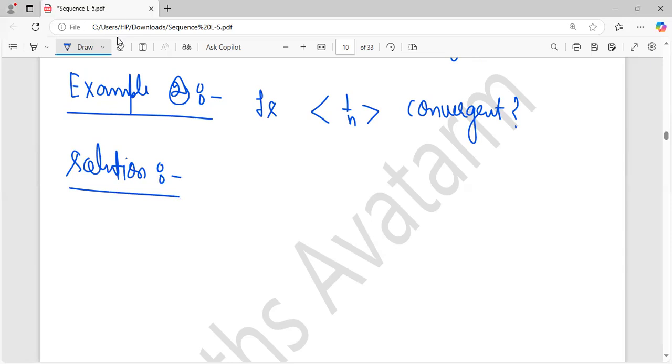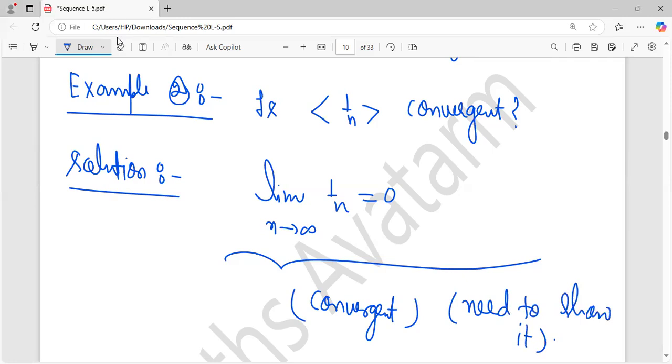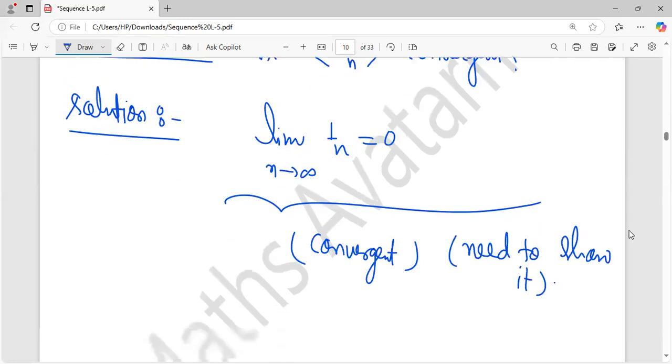So, I am trying to show that this sequence is tending to 0. We can show that this sequence will be convergent. So I need to show it. I will use the epsilon definition of convergence.